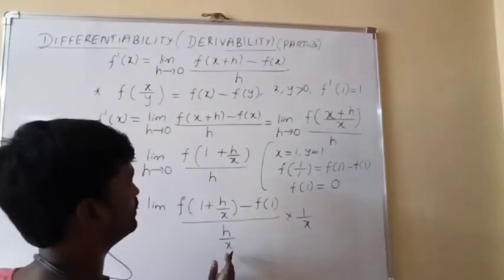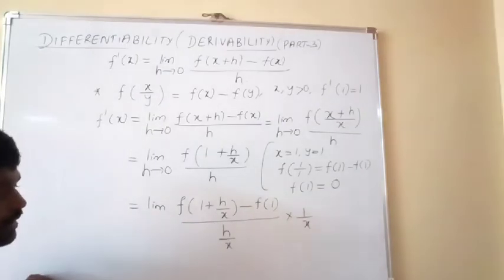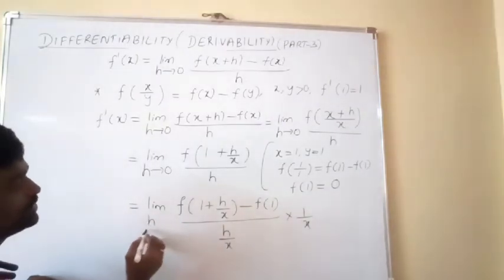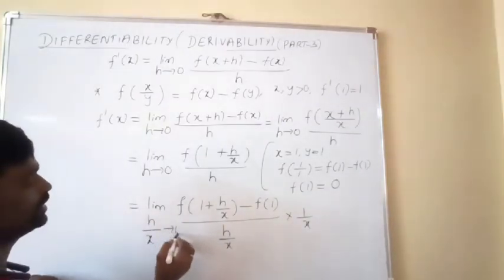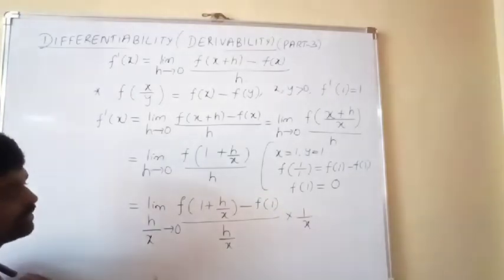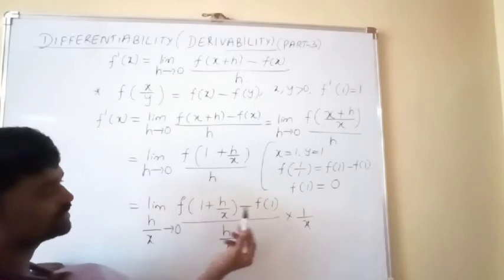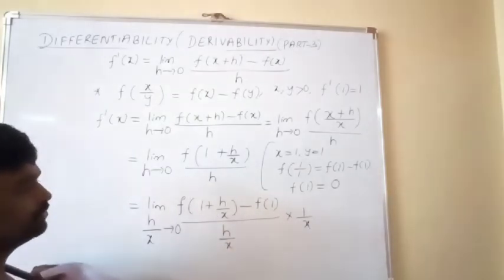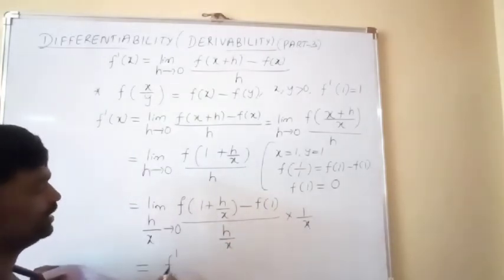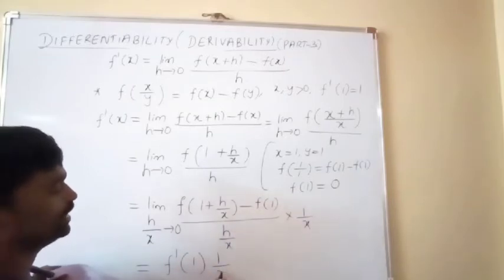That means I multiplied and divided with x. Okay. So as h value tends to 0, h by x also tends to 0. Then it looks like limit h tends to 0, f of a plus h minus f of a by h, which is nothing but f dash of a. Here a is 1 into 1 by x.